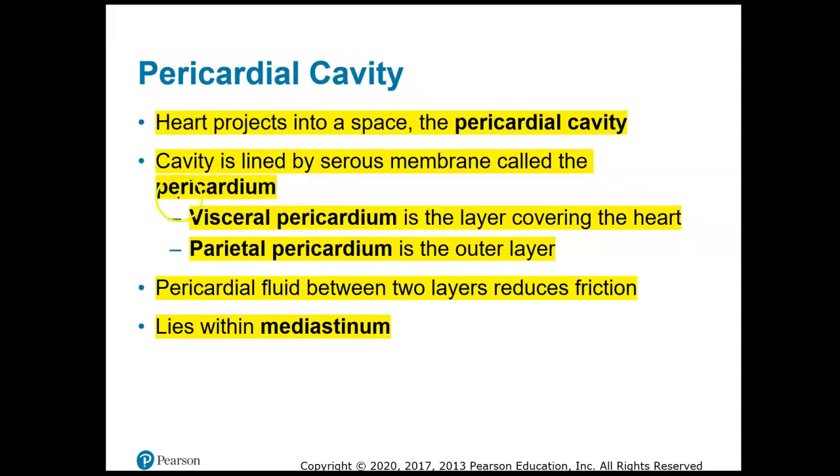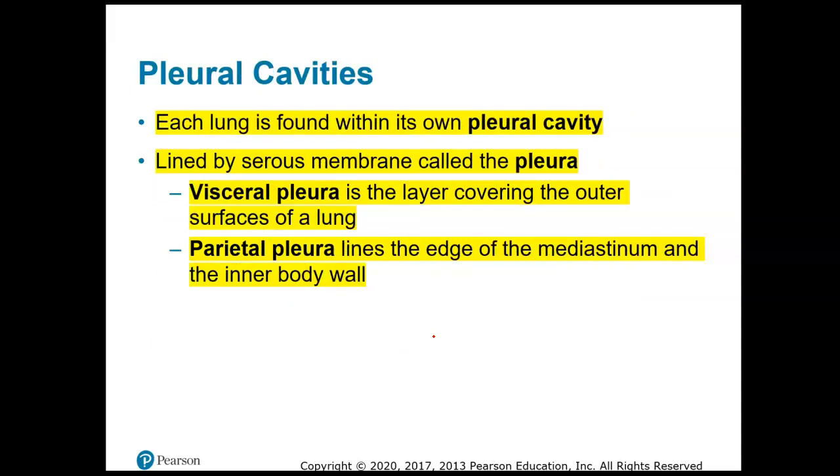So the pericardium consists of the visceral pericardium, which actually covers and contacts the heart, and the parietal pericardium, which is separated from the visceral pericardium by pericardial fluid. So it's the outer layer, and the heart and the pericardial cavity, including the pericardium that surrounds the heart, lies within the mediastinum.